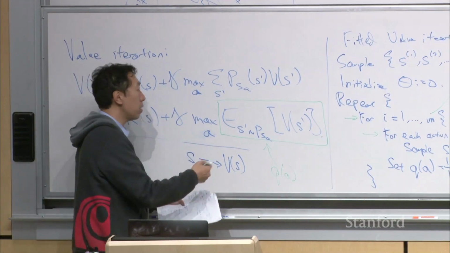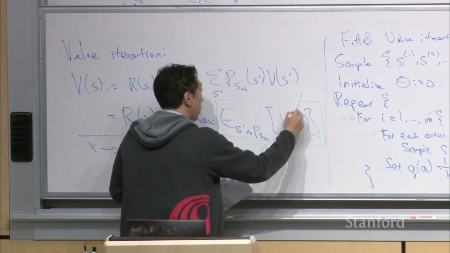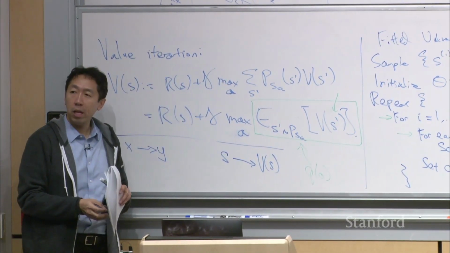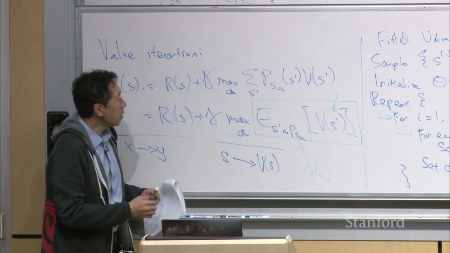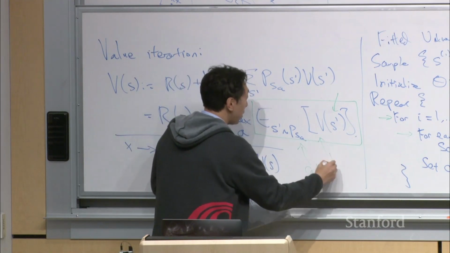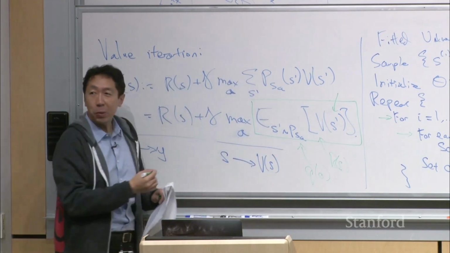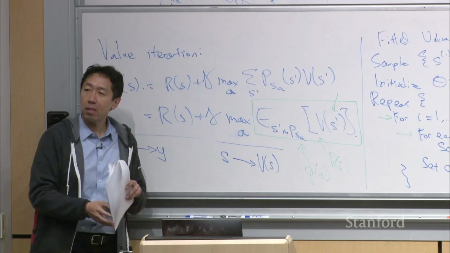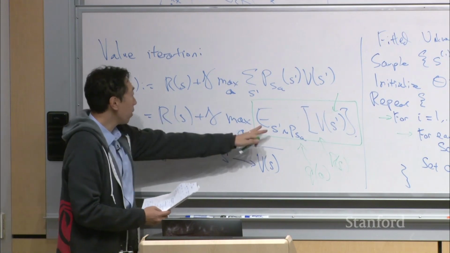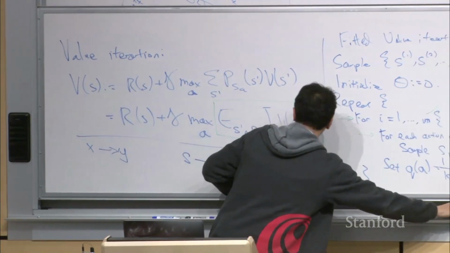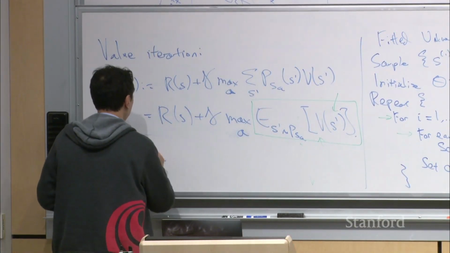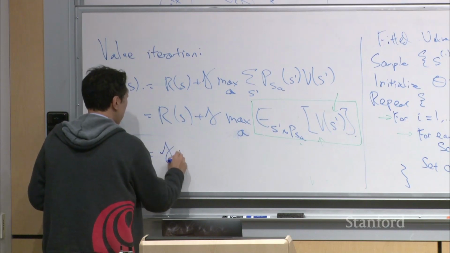Okay, so all we've done so far is take k samples from this distribution of which S prime is drawn and average V of S prime. Oh, actually, I'm sorry. If I move R of S inside, then that's q(a). Does that make sense? Sorry, let me just rewrite this to move R of S inside. So this is written as gamma.